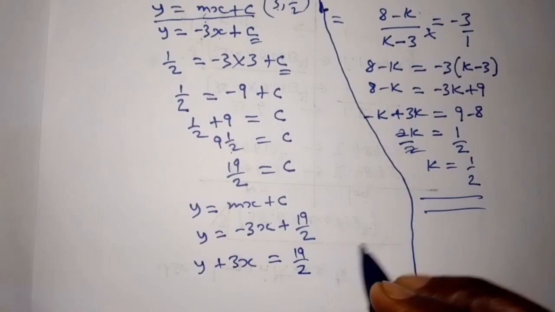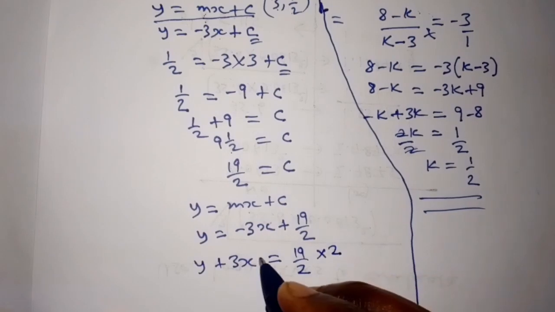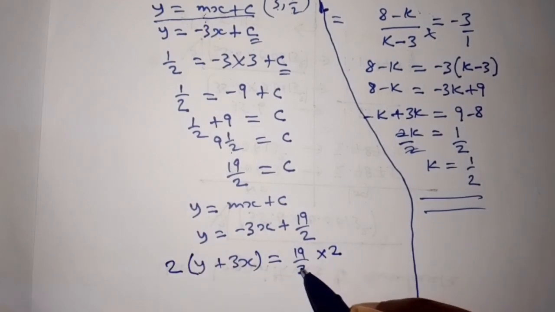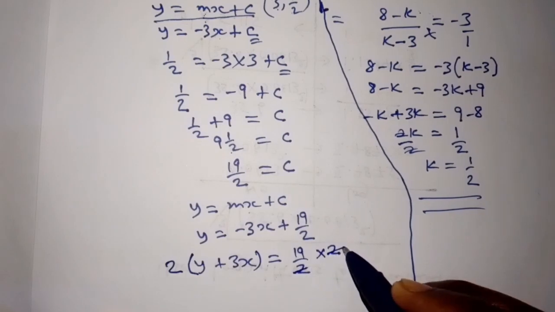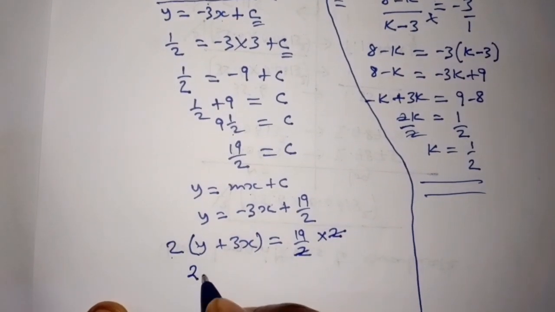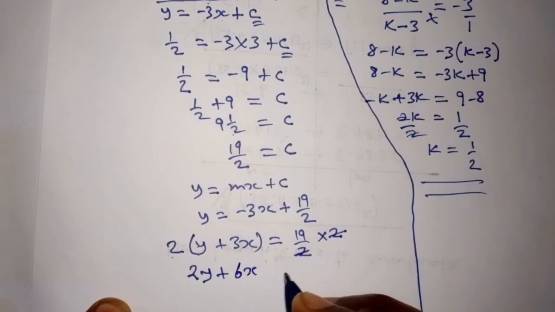We can multiply this side by 2 and this side by 2, so the 2 cancels the 2 here. Then 2 times y is 2y, plus 2 times 3x is 6x, is equal to 19.